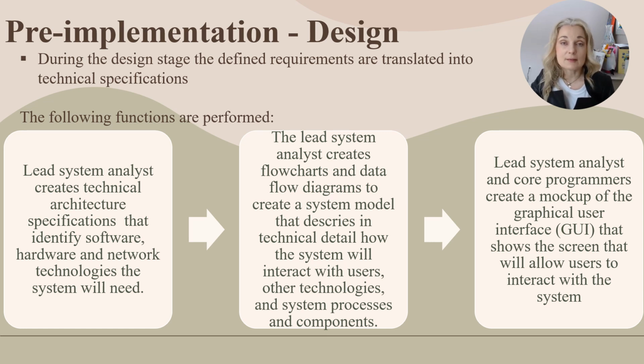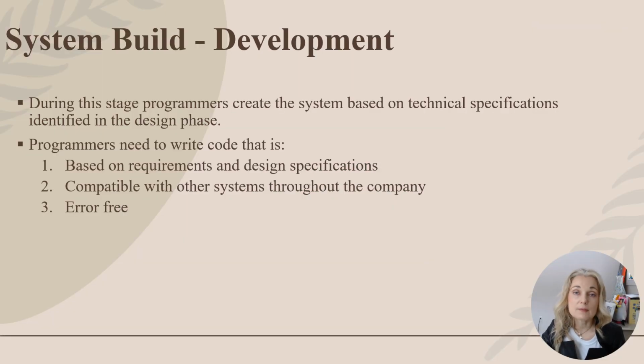You don't want to build something that your end users are unhappy with. Now we move into the system build phase, and the first step is development. During this stage, programmers create the system based on technical specifications identified in the design phase.